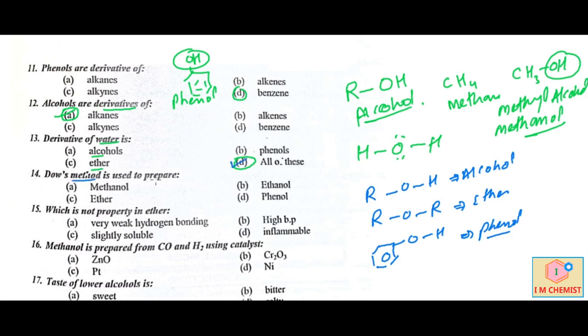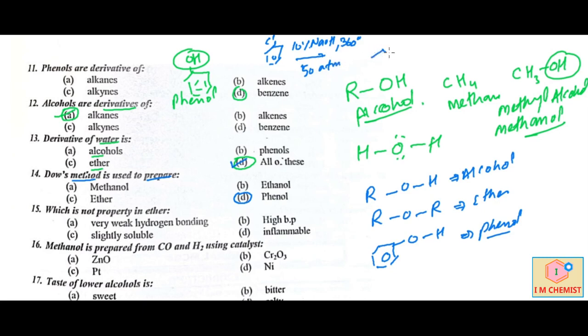Next, Dow's method is used to prepare what? It is actually used to prepare phenol. So option number D is correct. And in this method, what we do, we treat chlorobenzene with 10% sodium hydroxide solution. You have to add 10% sodium hydroxide solution at 360 degrees centigrade and in the presence of 50 atmospheric pressure.